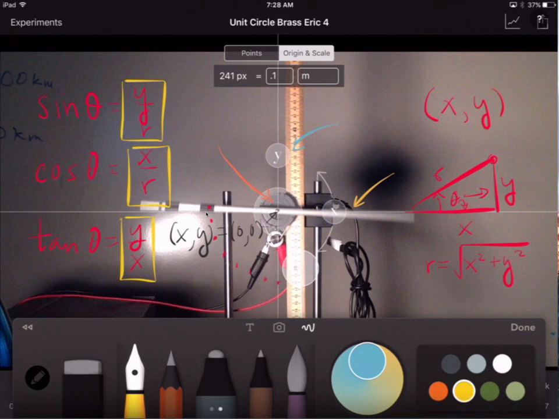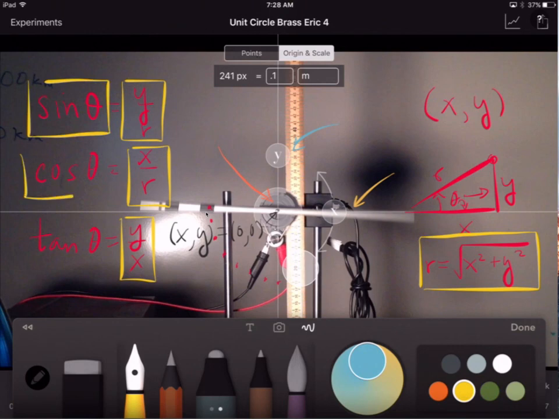So all we need to know are the ordered pairs. Once we know the ordered pairs, we can calculate r. Once we calculate r, we can calculate sine of theta, cosine of theta, and tangent of theta. That's pretty much it. All right, so let's go ahead and get out of this.